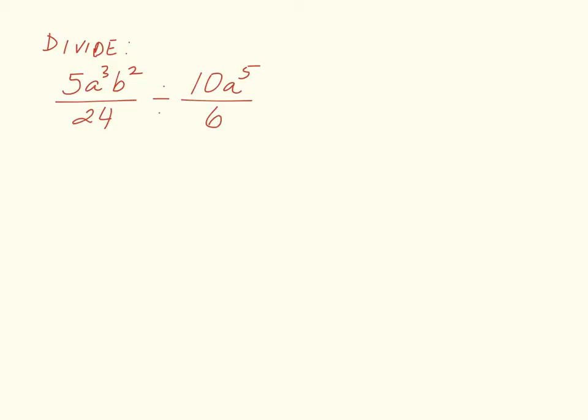Here's another one. Okay, 5a cubed b squared over 24 divided by 10a to the 5th over 6. It becomes 5a cubed b squared over 24 times 6 over 10a to the 5th.